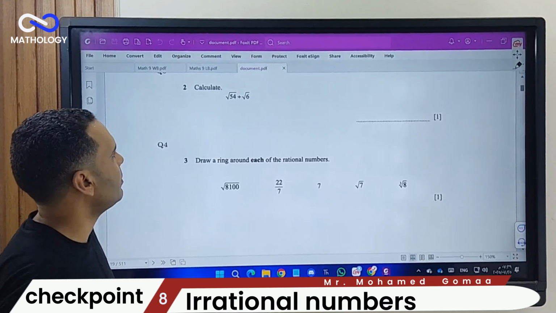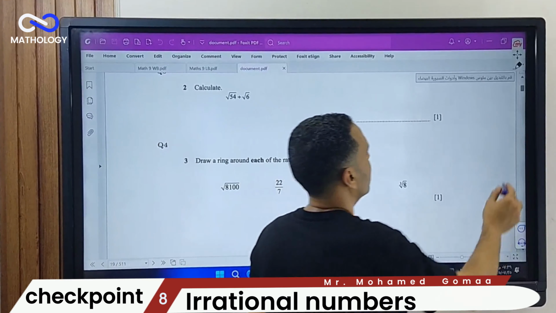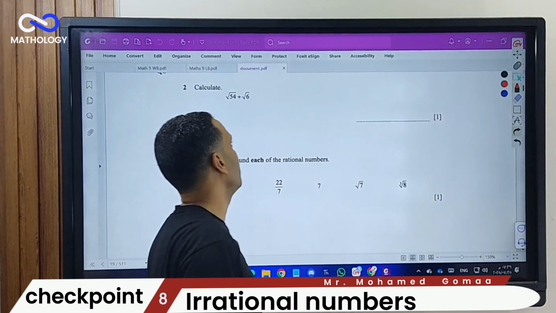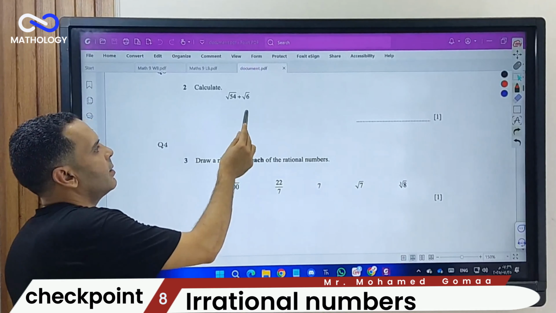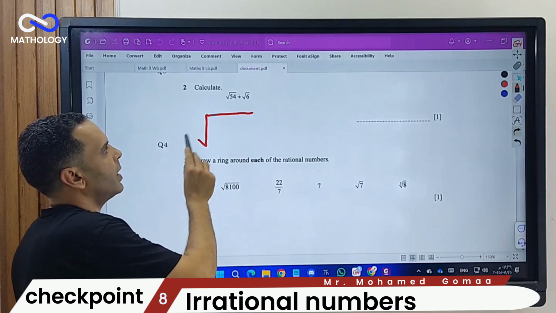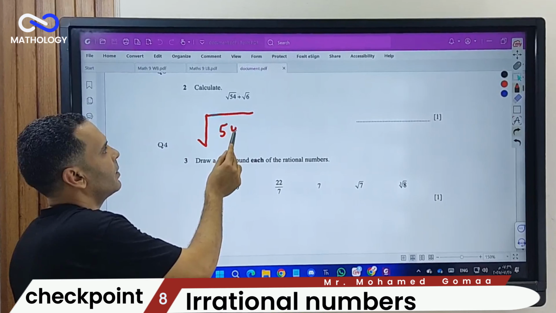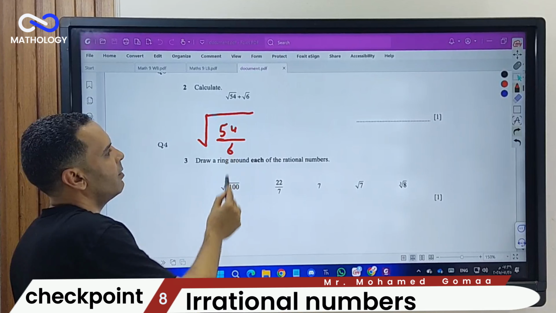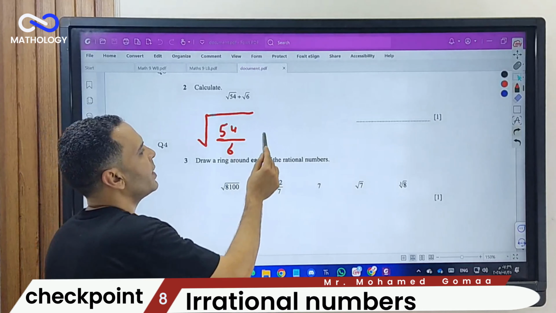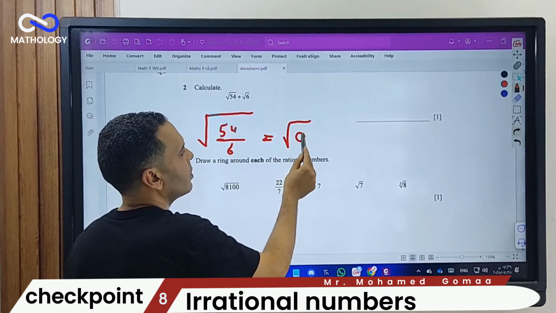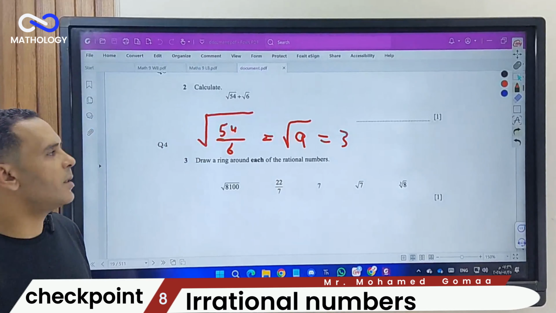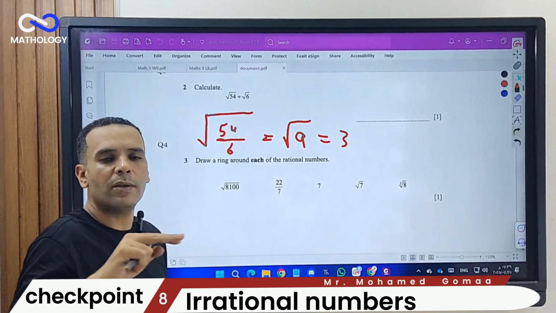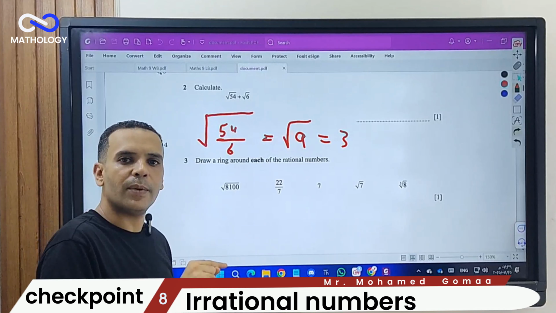Calculate the square root of 54 divided by the square root of 6. You can use your calculator: put the square root and divide 54 by 6. 54 divided by 6 will be 9. Square root of 9 equals 3. Take care. You can divide or multiply two irrational numbers and get a rational number.